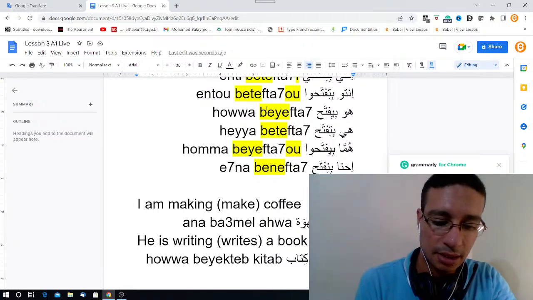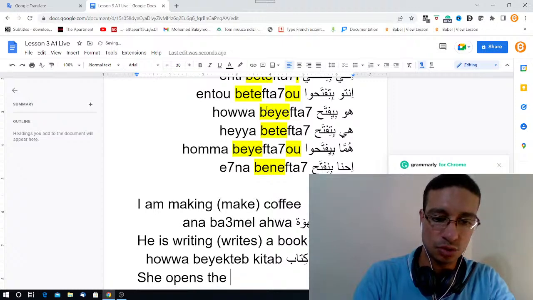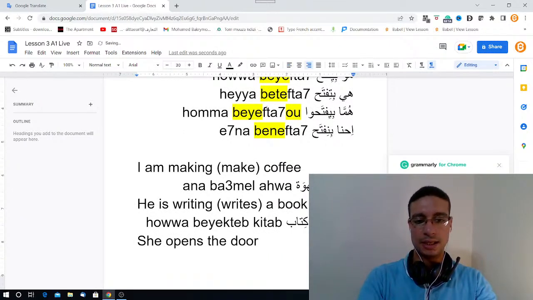Let's try to make another sentence. If I want to say she opens the door. She, so هي, and then the verb to open is فتح, يفتح.